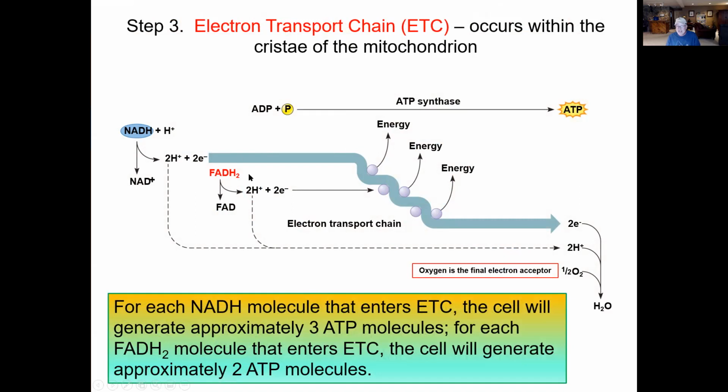For each FADH2, remember the smaller shuttle bus in Thailand, for each of these that dumps off its electrons into electron transport, the cell generates less than that, about 2 ATPs. So the big school bus generates the maximum energy, the smaller shuttle bus creates less energy. Still makes energy, don't get me wrong, it's important, but not as much.